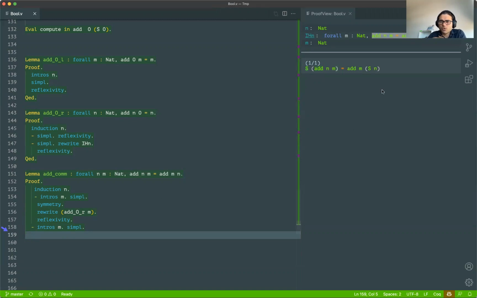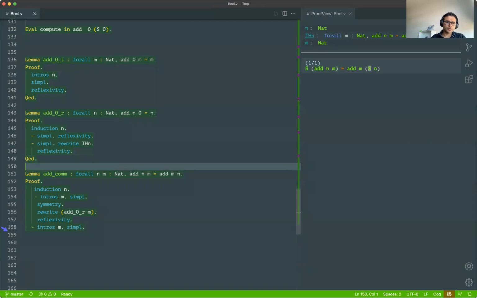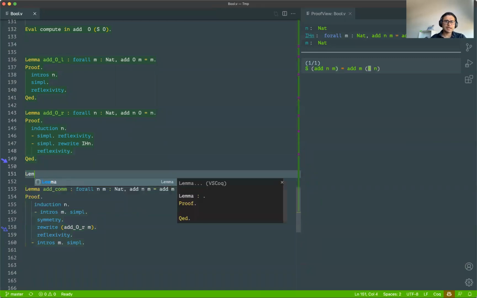What do we have in our goal? The goal is I need to prove add n (S m) is equal to add (S m) n. So we need a lemma. We need to pull this successor out of this add function. For the moment I'm going to admit a lemma, which I'll prove later.